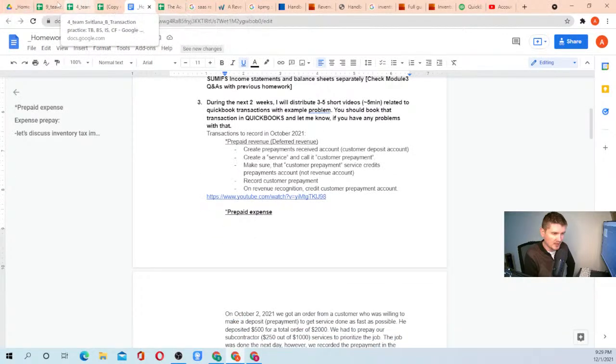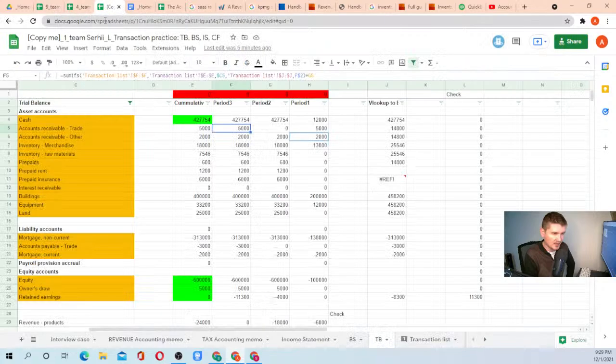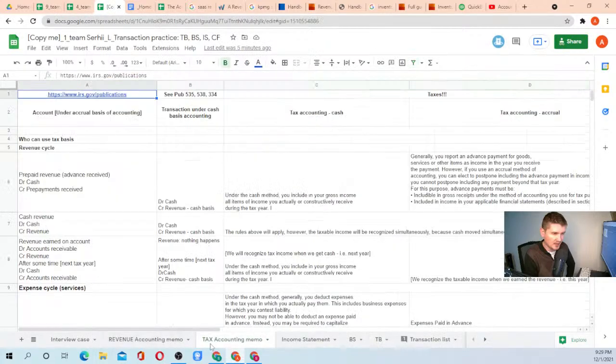We can remember from our previous homeworks, from our tax memo, that depending on our policies and depending on the basis which we use to report taxes, the prepaid revenue can either have or have no effect on the moment when we pay taxes.